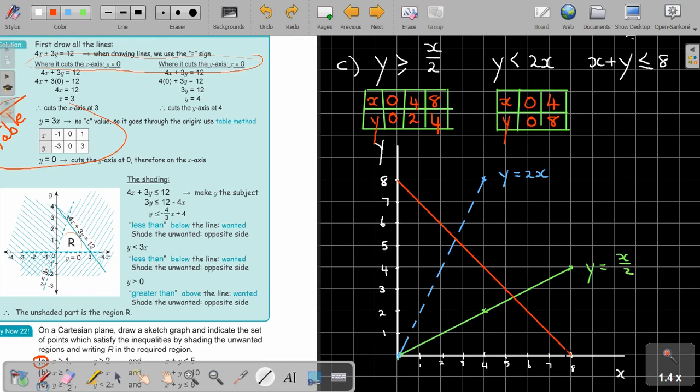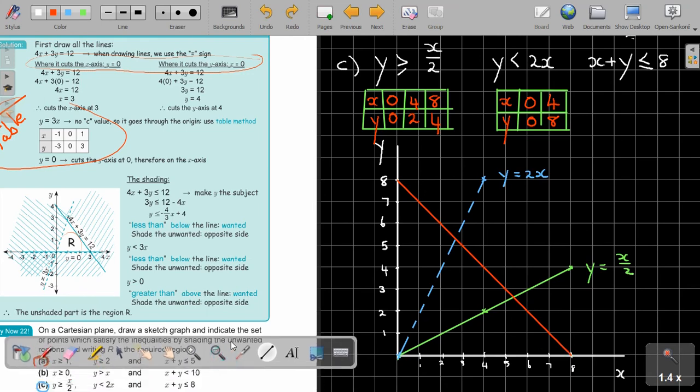Now I'm going to do my shading. So y is bigger, so I'm going to shade up. If it's smaller, I'm going to shade down. Then there's this one, let's go for blue.